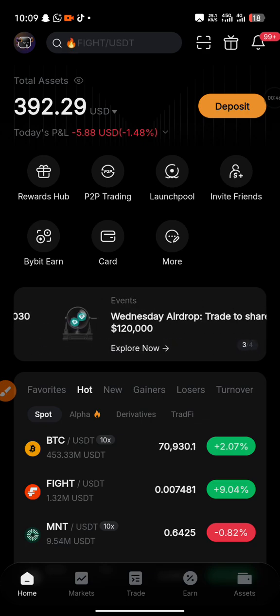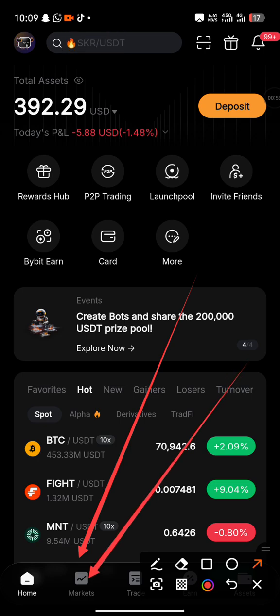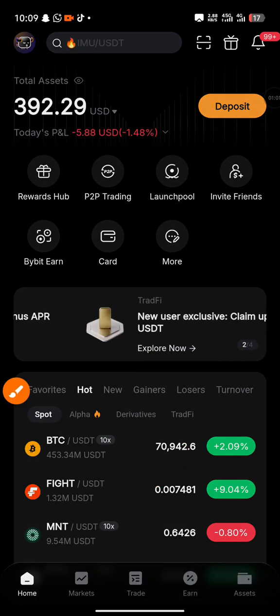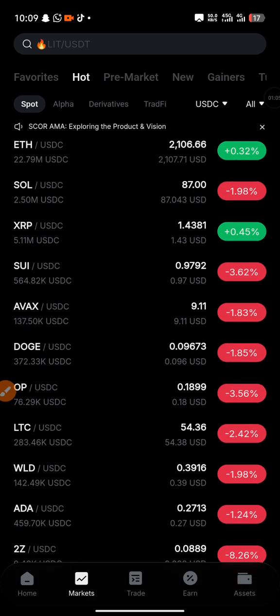All you need to do is simple. Navigate yourself to the market sessions, and let's look for a particular cryptocurrency coin that can be profitable for us. Now here we are on the market. These are all the cryptocurrency coins going on right here.